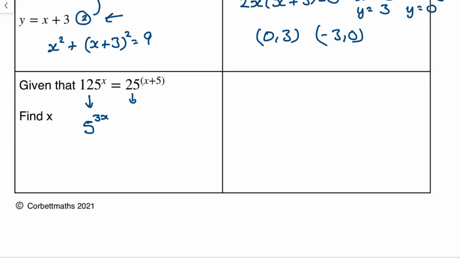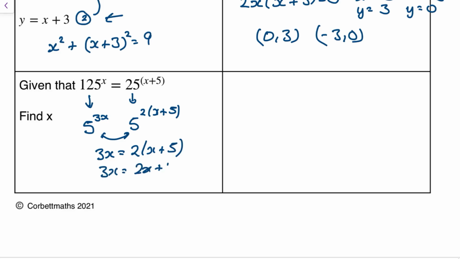And this one over here is 5 squared times x plus 5. Because my base values are equal, it must be true that 3x is equal to 2 lots of x plus 5, which means that 3x equals 2x plus 10. Take away 2x from both sides, and that means x is equal to 10. And that's it. Today's questions are done.